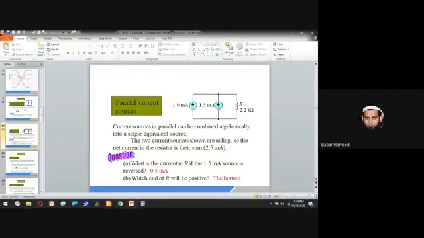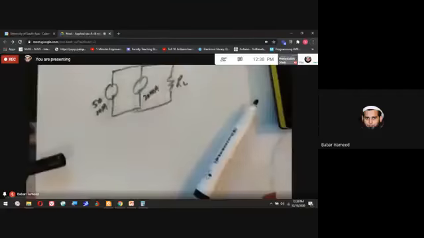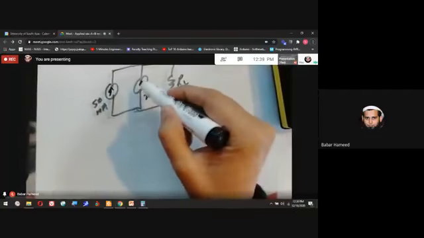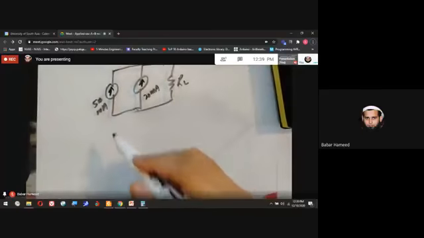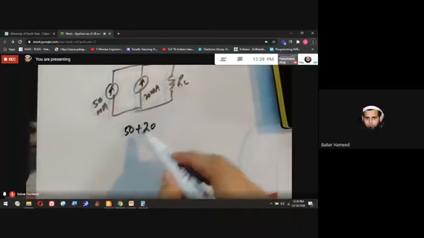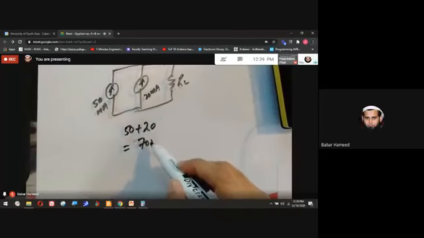If we are not sure of the direction, then we will not be able to tell whether they will be added or subtracted. Got it? So, if their directions are upward, they will be added. So, 50 plus 20 is equal to 70 milliampere.